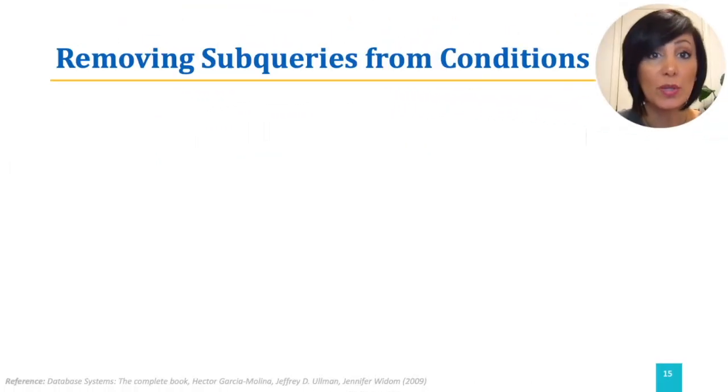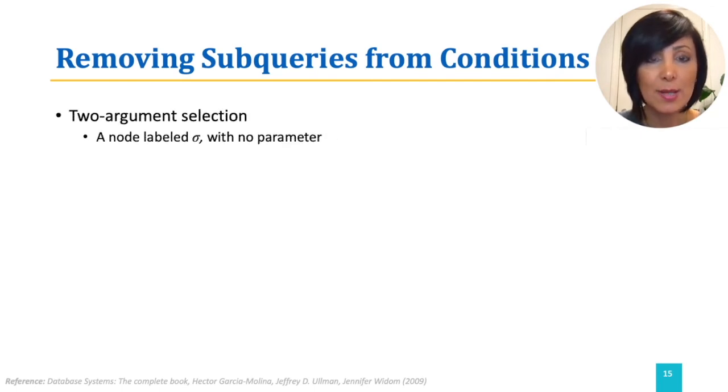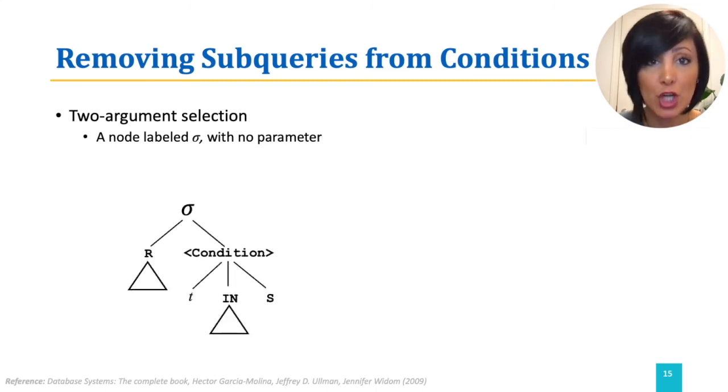Let's review what we did in the example. We see the where condition subqueries in our parse tree in form of what we call 2-argument selections, meaning that we have a select in our tree that has a left child that is a relation and a right child that is an expression of a condition. An important step in generating the array tree is removing these condition subqueries.